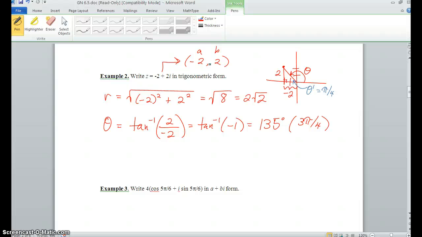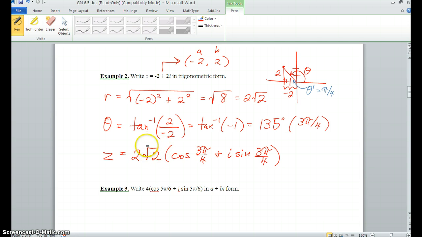All right, let's go ahead and get the trig form completed here. Z now will be equal to, so we have r, so it's 2√2, and then we've got theta. I'm going to go ahead and write my final value for theta using radians, so cosine of 3 pi over 4 plus i sine 3 pi over 4.